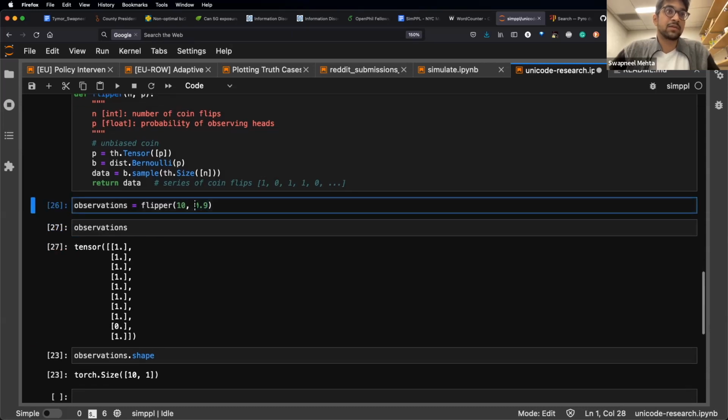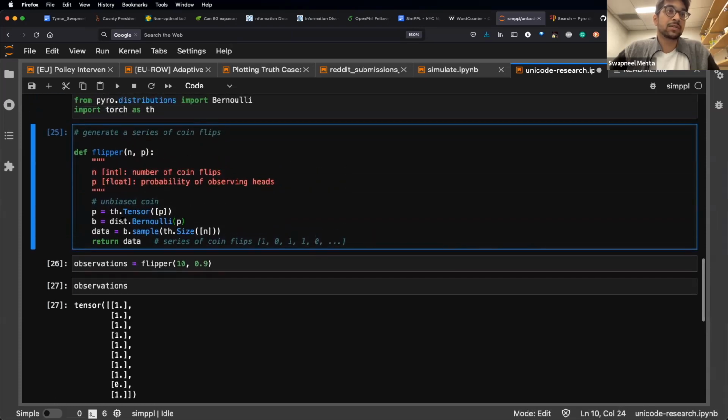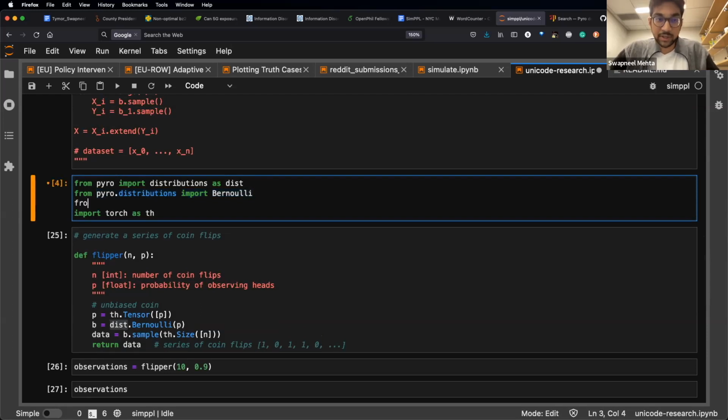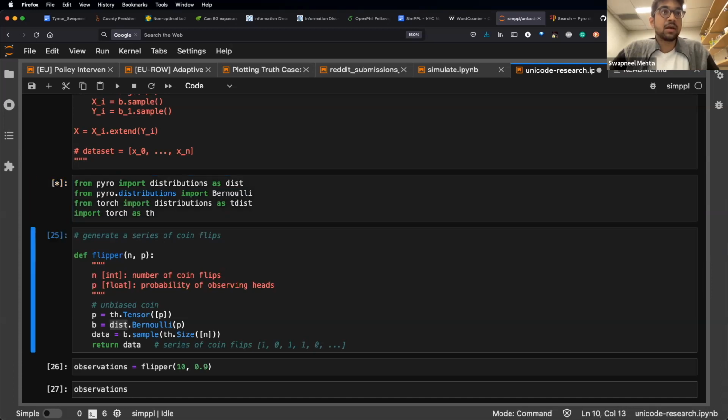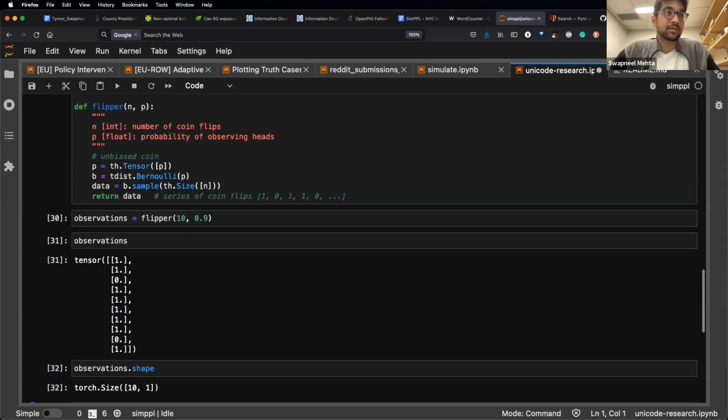So yeah, this is still Python. This is not really Pyro, because pyro.distributions Bernoulli is just torch.distributions.bernoulli. For example, to illustrate this point, import distributions as tdist, and suppose I replace this with tdist.bernoulli, it will still do the same things.